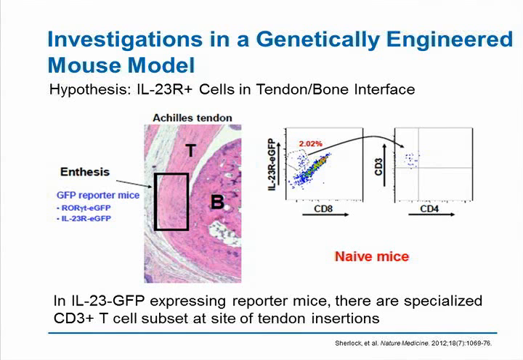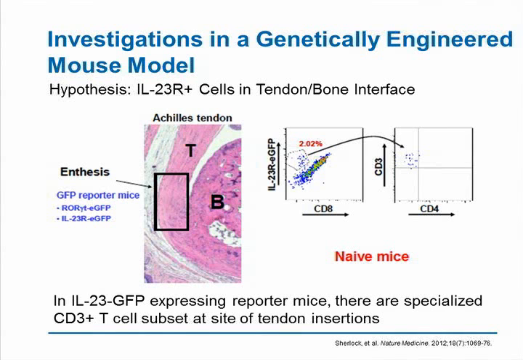They ground up that enthesis, and they viewed it by flow cytometry, and they found a subset that were expressing high levels of IL-23 receptor by this green fluorescent protein. This population gated at left says 2.02.